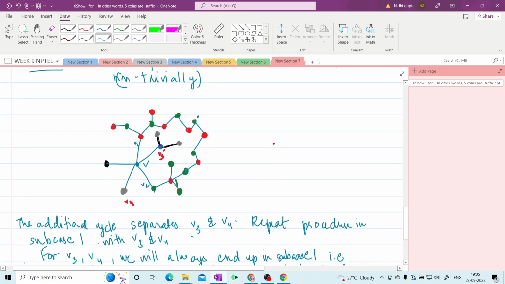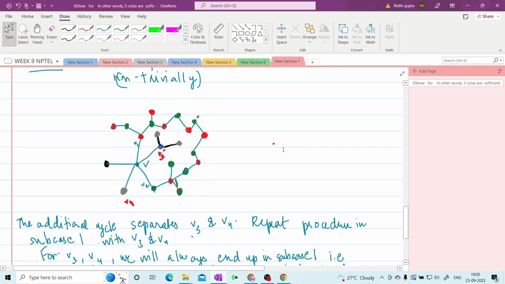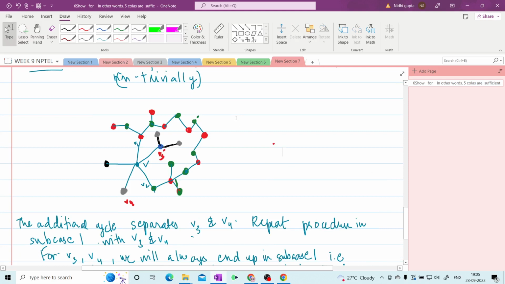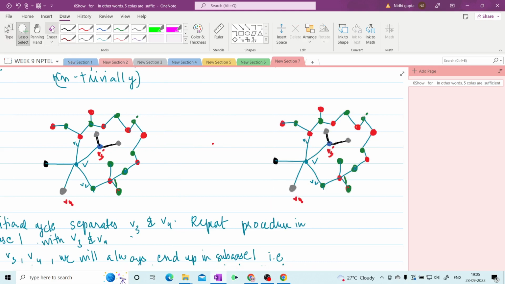So what we have to do, if this was our case, is look at the branches coming from V3 and V4, and then swap the colors.